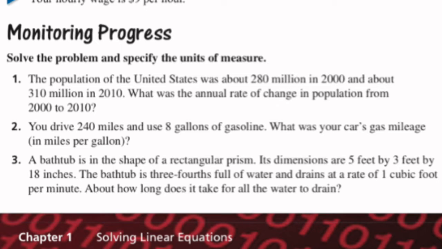The bathtub is 3/4 full of water and drains at a rate of 1 cubic foot per minute. About how long does it take for all the water to drain? Number 3. Number 3 is a little tough.